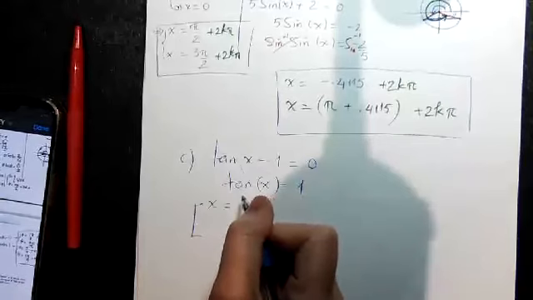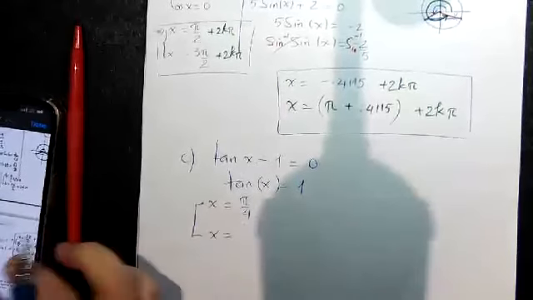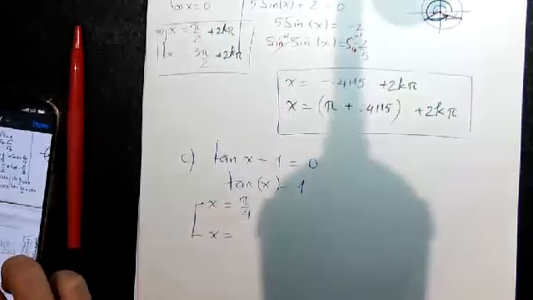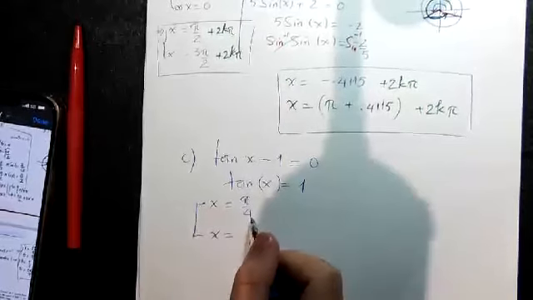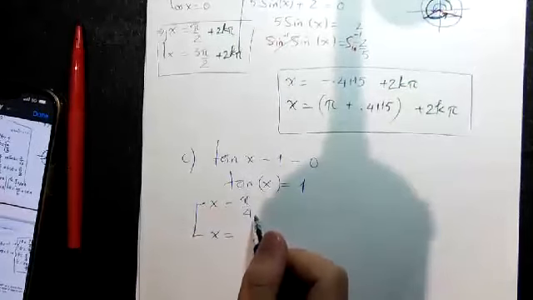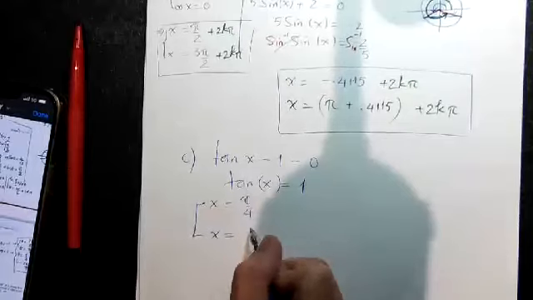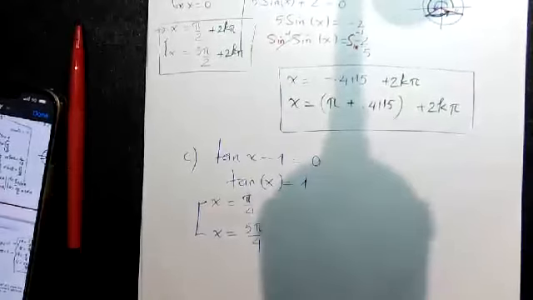It's positive, so either quadrant 1 or quadrant 3. So pi over 4, where sine and cosine are the same thing. Yeah, pi over 4, right? Sine divided by cosine, they're both the same thing.